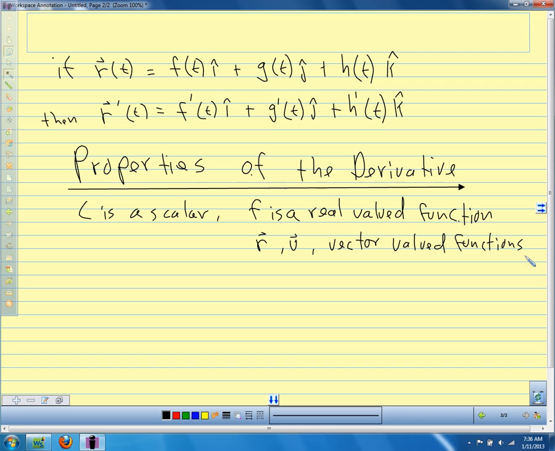So we're assuming that all of our functions here are differentiable, and C is a scalar.